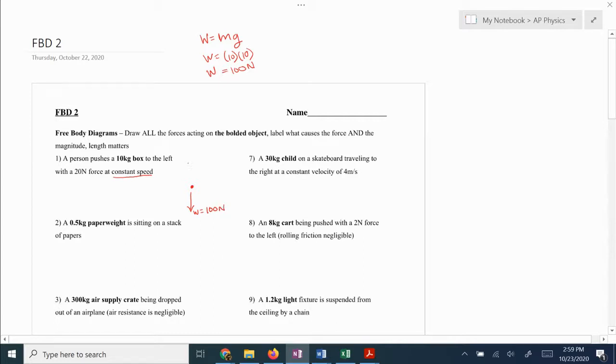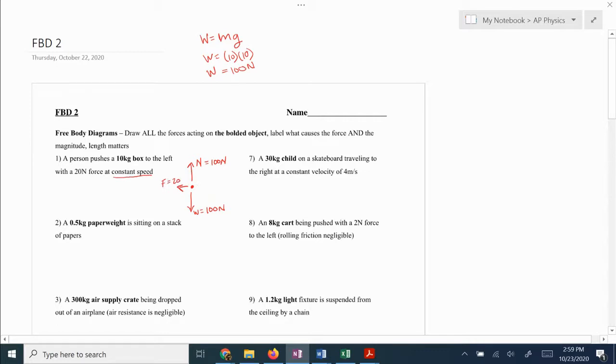We also have the normal force, which is the force of the table, or the ground, pushing up on the box. That is also going to be 100 newtons because we have to have balanced vertical forces. Someone is pushing it to the left with 20 newtons, so we should have a force to the left of 20 newtons.